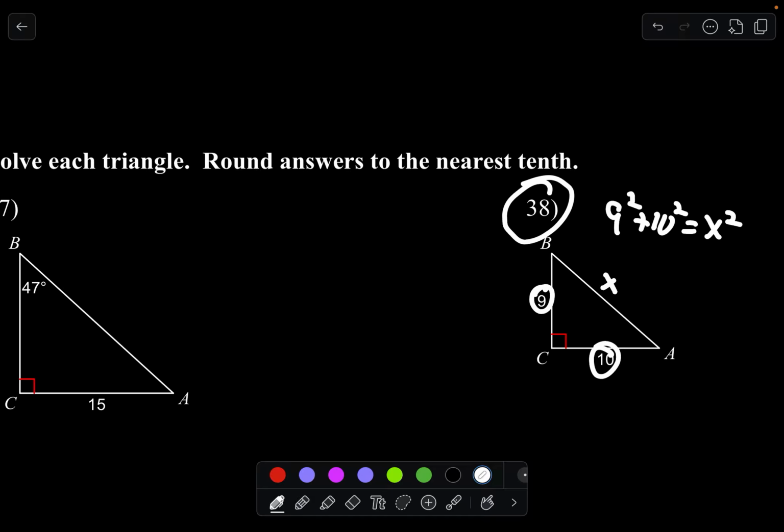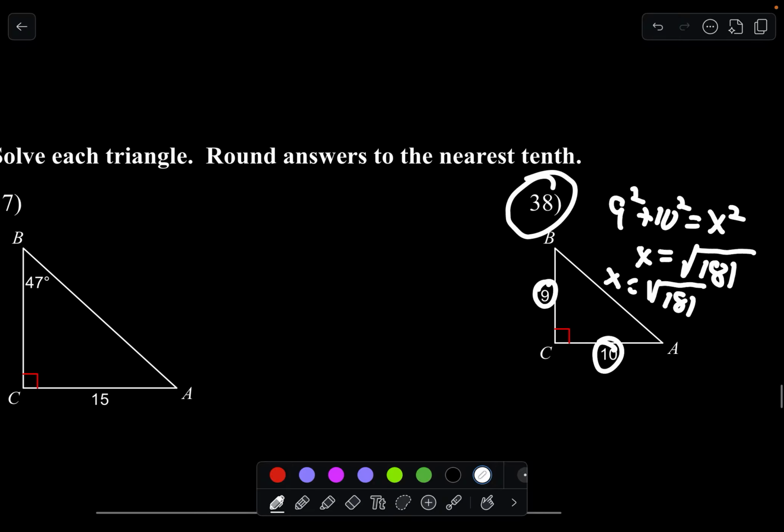So x equals the square root of 181. Now, I don't think 181 is a perfect square. We can try. Yeah, it's not. So we're just going to have to leave it as the square root of 181. Do not write it as a decimal. Leave it in exact form, which is the square root of 181.